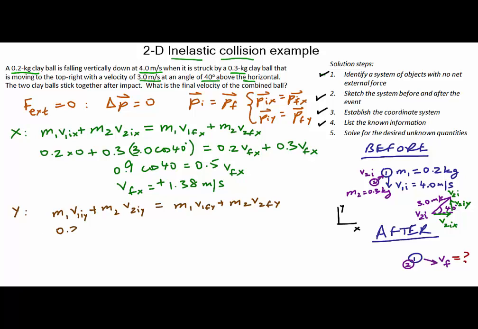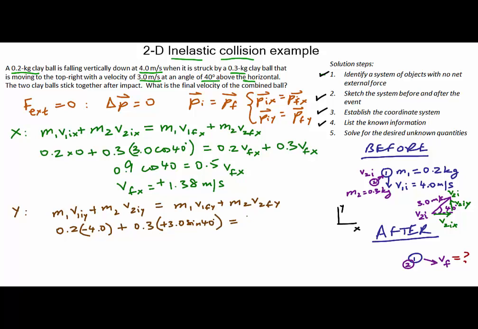So I got 0.2 times v1iy. It's 4.0 meters per second in the downward direction. That makes it a minus 4.0, plus m2, which is 0.3, times this v2iy over here, and that would be 3 times sine 40, and since it's in the upper direction, it'll be positive. So plus 3.0 sine 40.